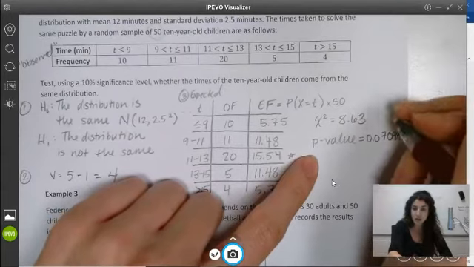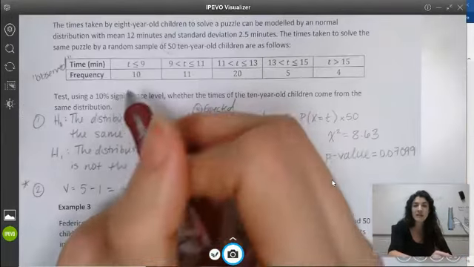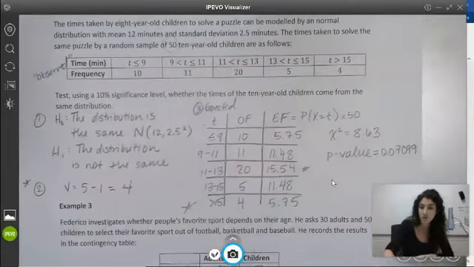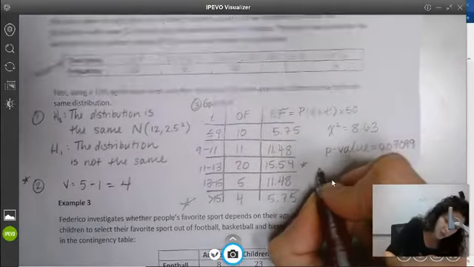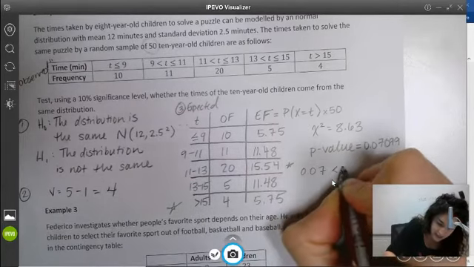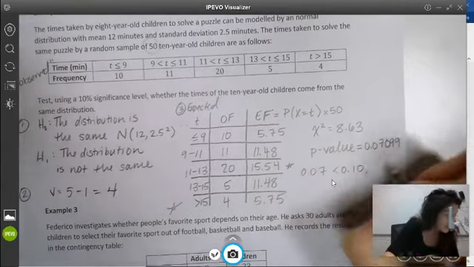And we want to know whether or not we reject the null hypothesis. Since we only have a significance level, we compare our p-value to the significance level, which is 10%. We know that 0.07 is less than 0.10.